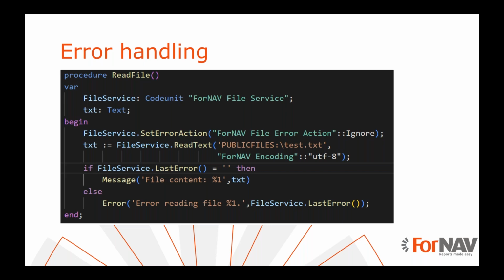In this case, it's ignore. So you can look at the last error and see if there's something in there and do a proper error message, or you can just do an optional operation. So if the file doesn't exist, you can go and create it, and then you can continue with the execution. But this is controlled down at the action level, and you can easily set up what to do in a given situation.